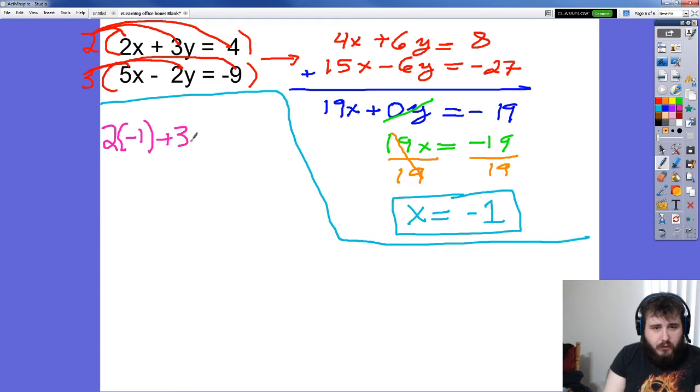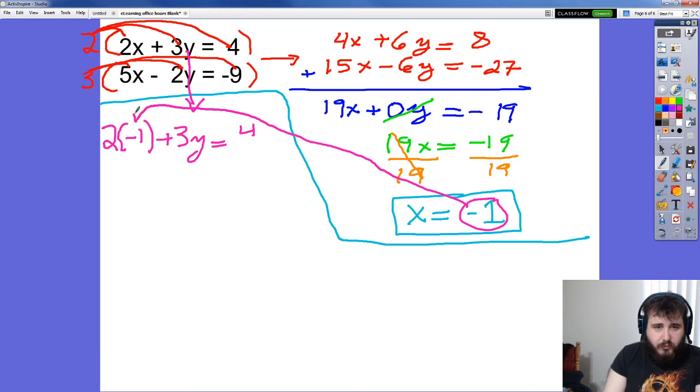Plus 3y equals 4. So I'm taking this equation here, and I'm taking this number here and I'm plugging it in where x used to be. Because we know what x is now. We're substituting negative 1 in for x because we know x to be negative 1. So let's go through.